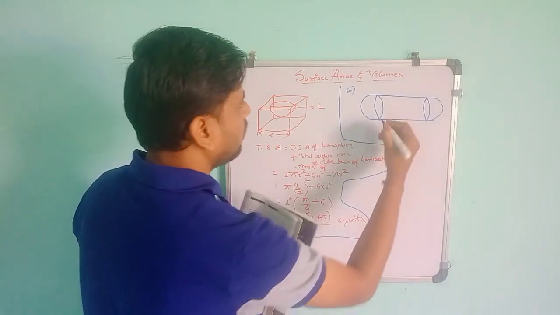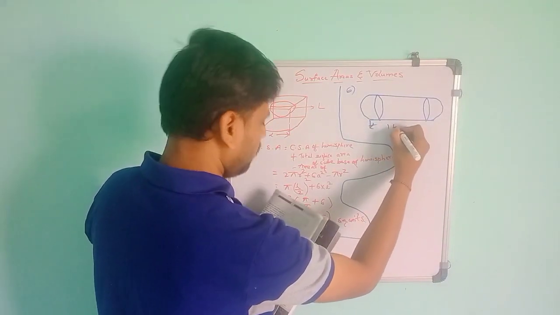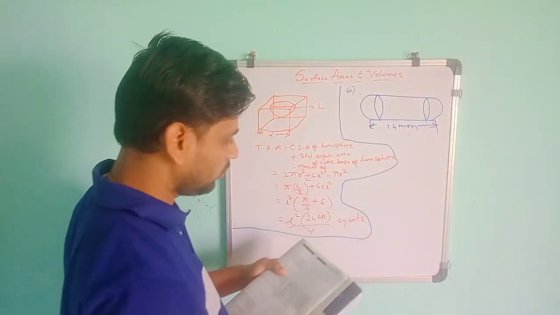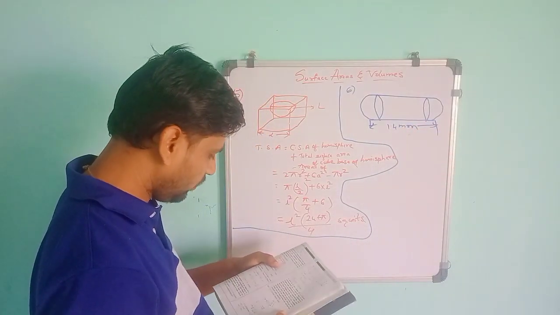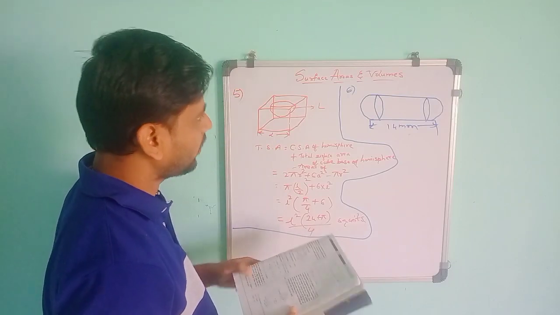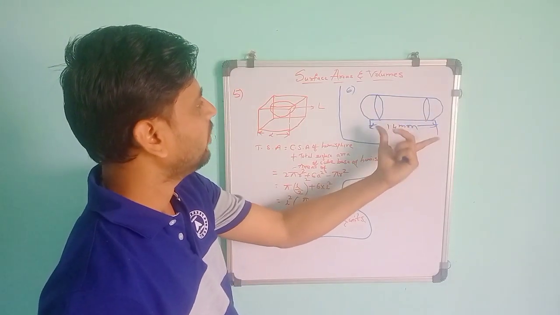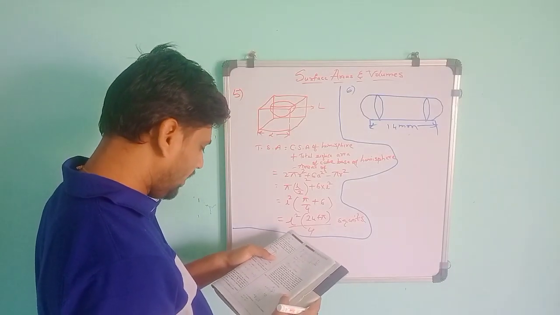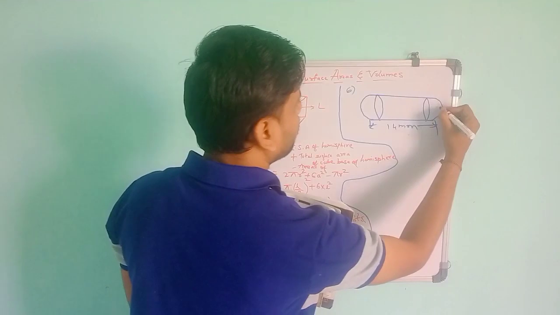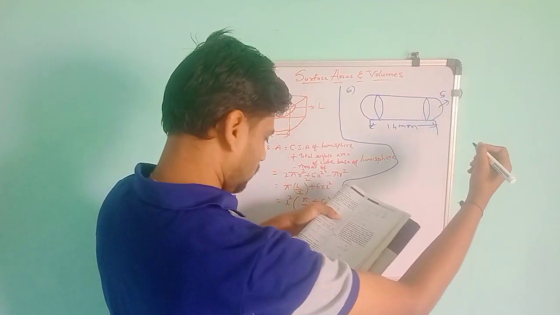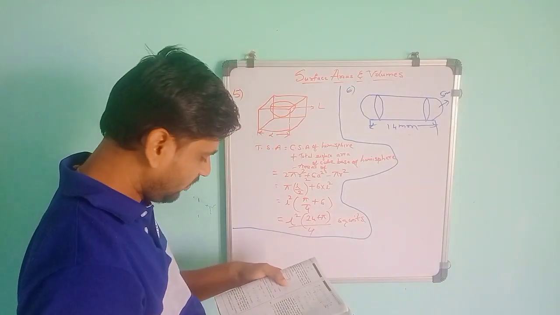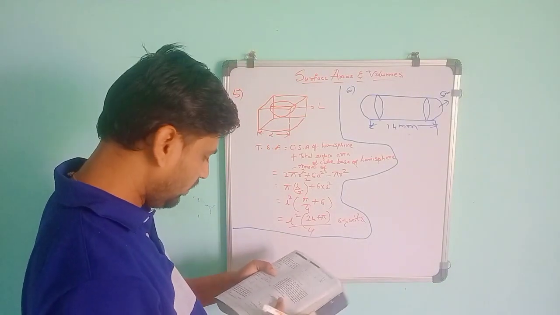The length of the entire capsule is 14 mm, and the diameter of the capsule is 5 mm. After that, find its surface area. So you have to find the surface area.